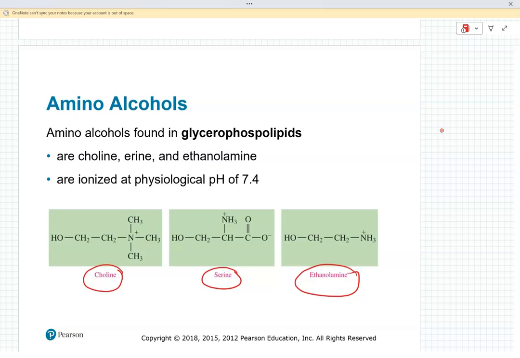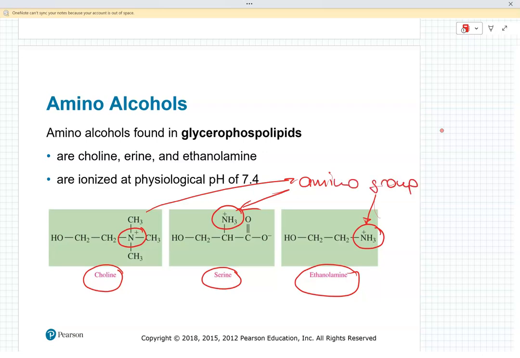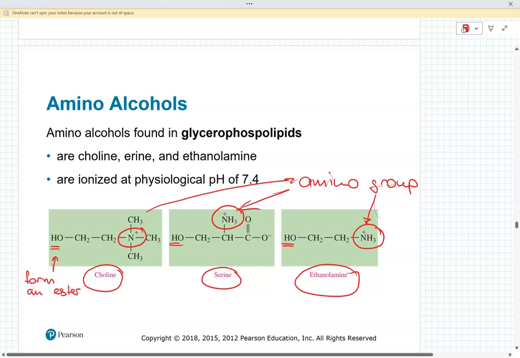Because they have an amino group and they have hydroxyl groups. These hydroxyl groups will form an ester. Okay?